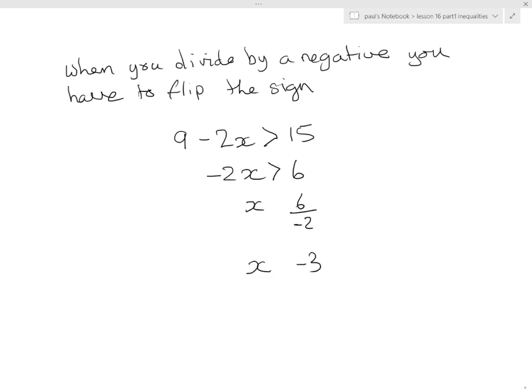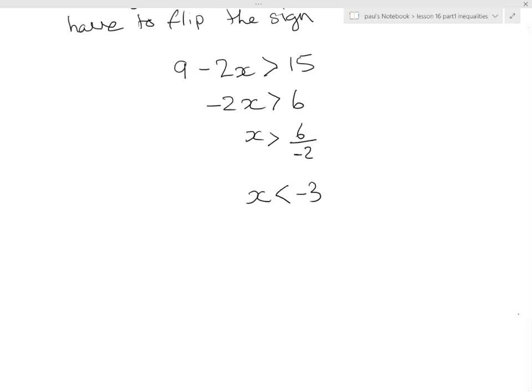Now, because we divided by a negative number, the sign flips the other way. So remember that bit, where you're dividing by a negative number. It's the only time that it can catch you out, yeah?